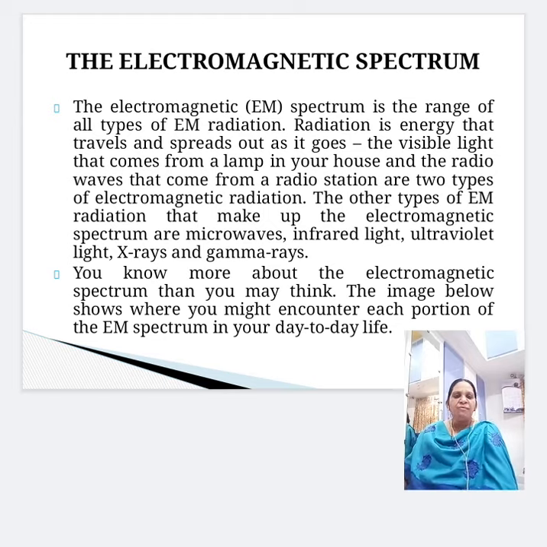Then we use the music and radio from a radio station which is being telecast. These are two types of electromagnetic radiation. Other types of electromagnetic radiation that make up the electromagnetic spectrum are microwaves, infrared light, X-rays, ultraviolet rays and gamma rays. You know more about the electromagnetic spectrum than you may think.